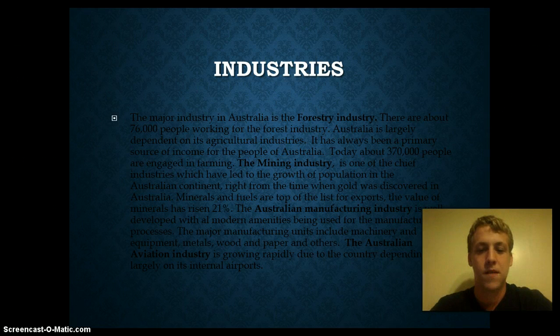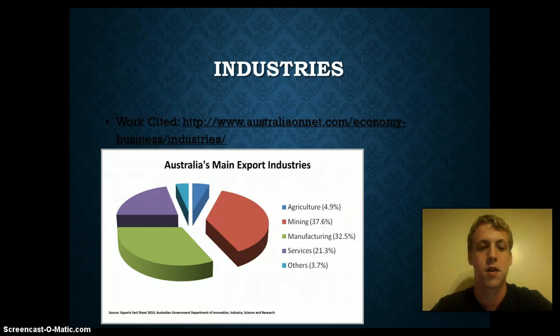The Australian manufacturing industry is well developed with all modern amenities being used for the manufacturing process. The major manufacturing units include machinery, equipment, metals, wood, and paper, and others. The Australian aviation industry is growing rapidly due to the country depending largely on its internal airports.